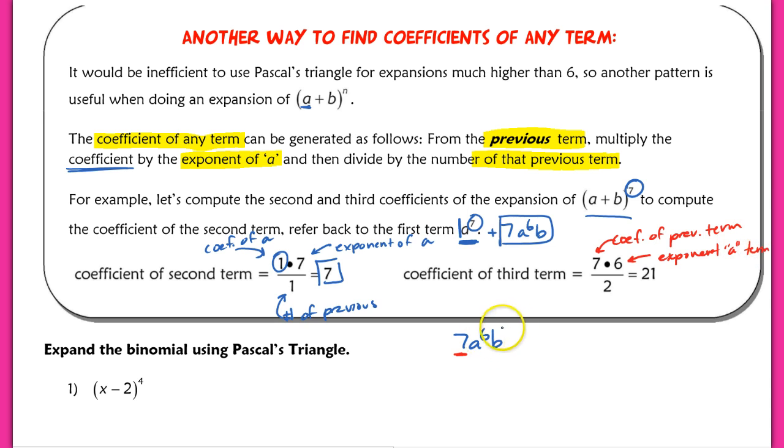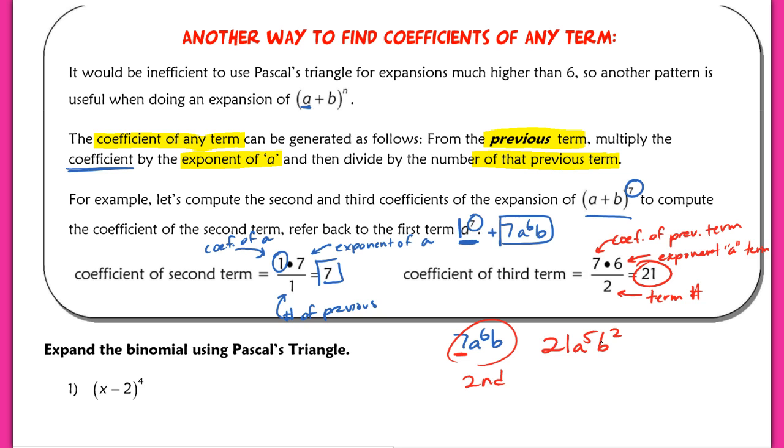So we ignore the b entirely. Then we divide by the term number. This was the second term, so that's why we're dividing by 2. So our next coefficient should be 21. So our third term has a coefficient of 21, and it's going to be 21a to the 5th times b squared.